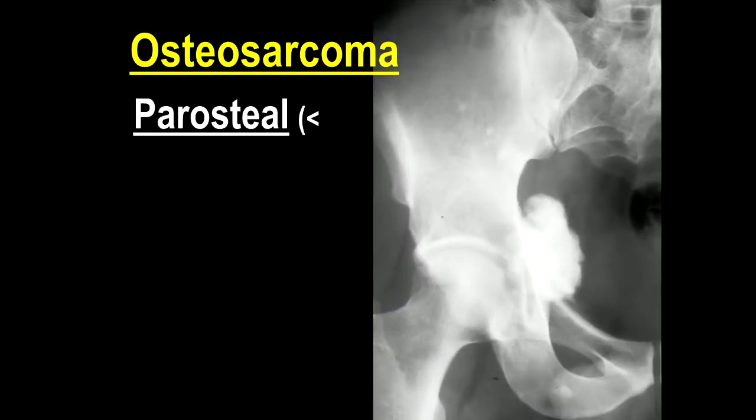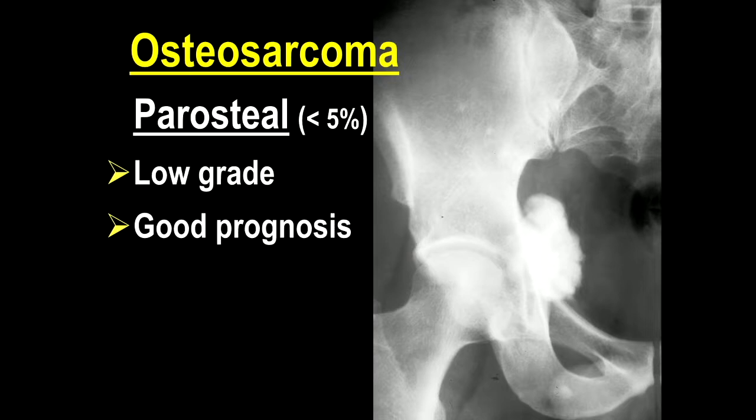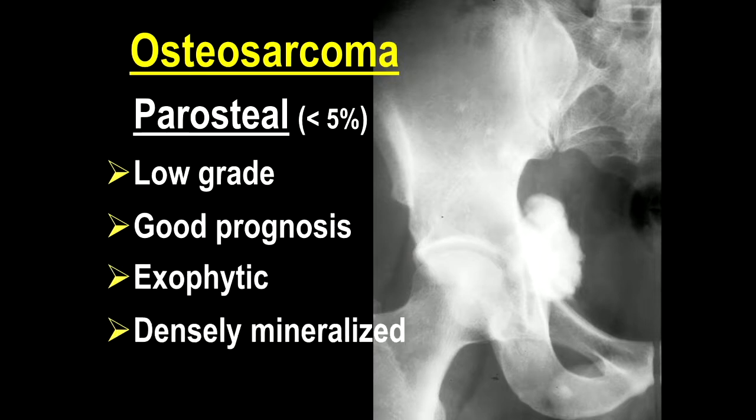There are some even less common types of osteosarcoma. The parosteal type of osteosarcoma is a relatively low-grade type of osteosarcoma with a relatively good prognosis. And we look for an area of exophytic, often densely mineralized mass off the bone.